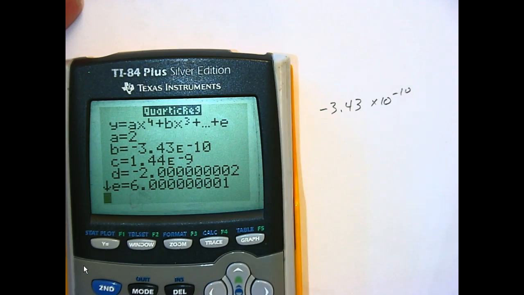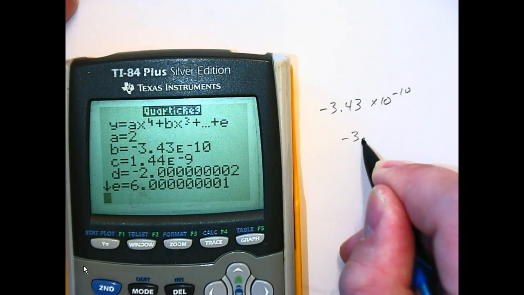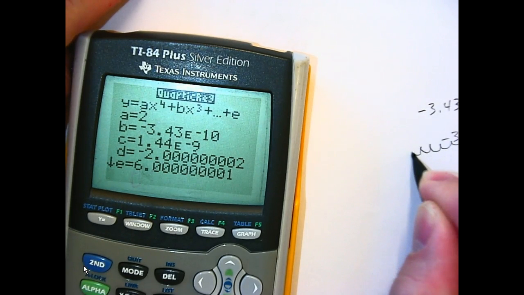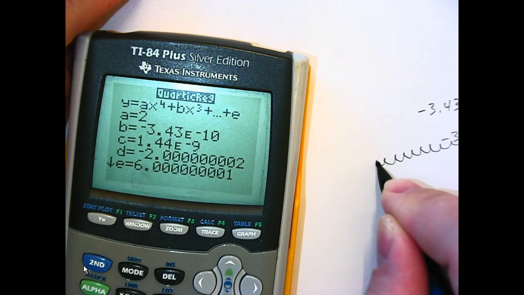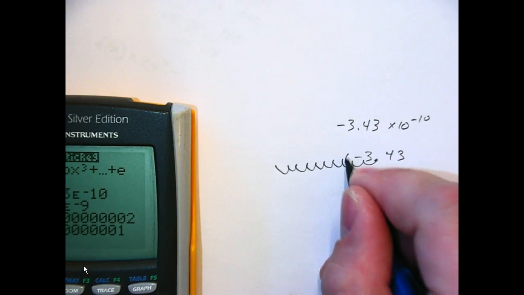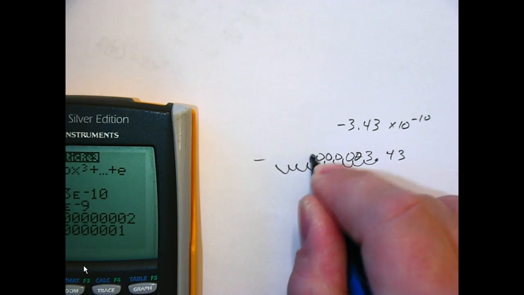Just so, if you've forgotten scientific notation, that means you start where your decimal is, and you move it 10 places, getting smaller. 1, 2, 3, 4, 5, 6, 7, 8, 9, 10. All of those places right there, I'll put the negative out here now. All those places are decimals.